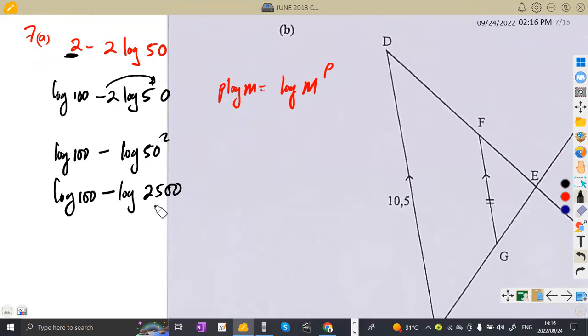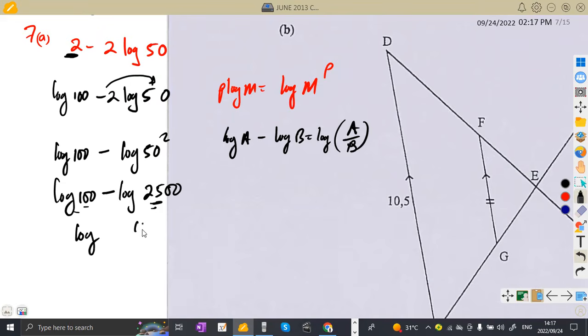Okay. So from this part, what am I going to do? I'm subtracting logarithms, and now we have a single logarithm for each, and they're subtracting. So I divide the numbers. From our logarithm of A minus logarithm of B is going to give us logarithm of A over B, sorry. So it means you're going to divide the numbers, not the logarithms. You divide the numbers, which is 100 and 2,500. So these are the numbers that you're dividing.